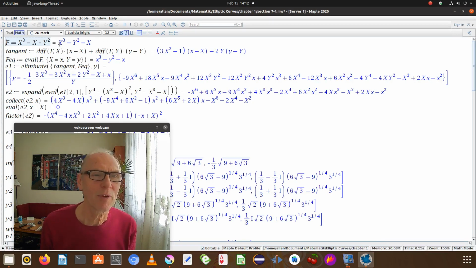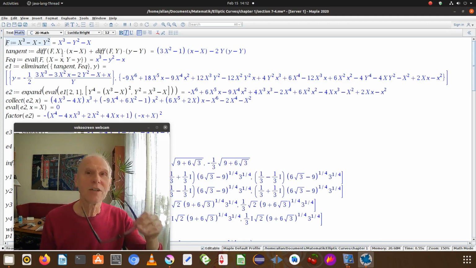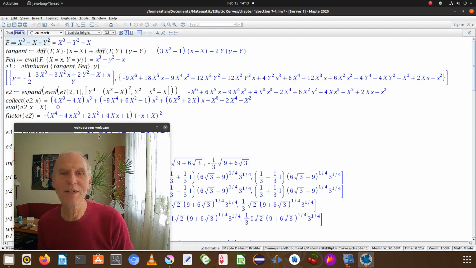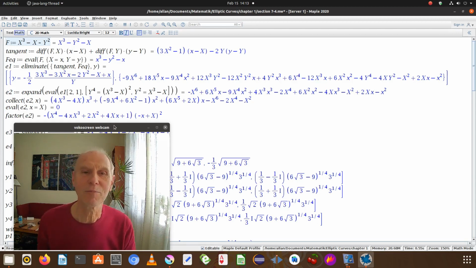And I actually did it not to solve problem 4, but because I wanted to make a plot showing that I could find the points of inflection, so that I could make a geometric picture of what was going on.